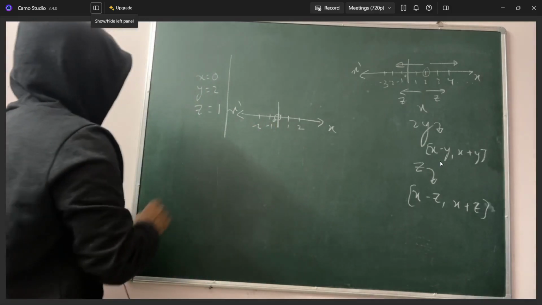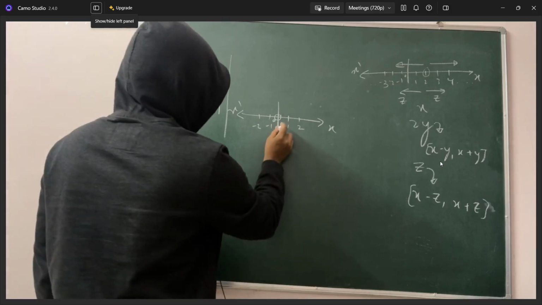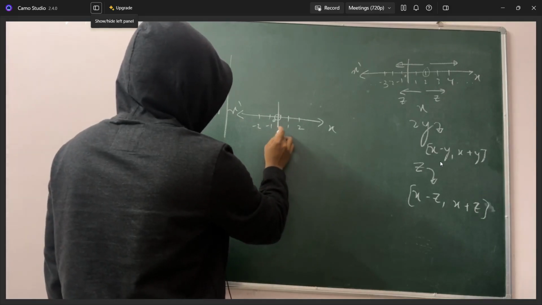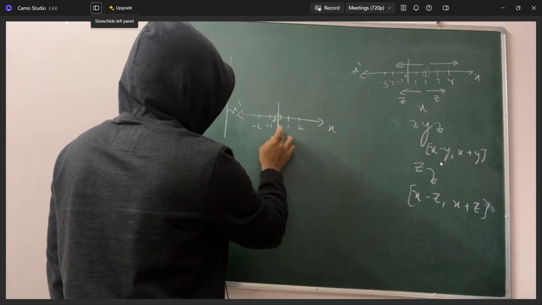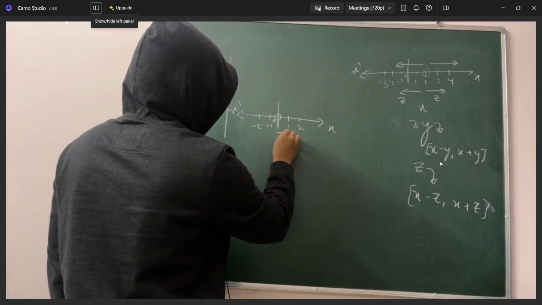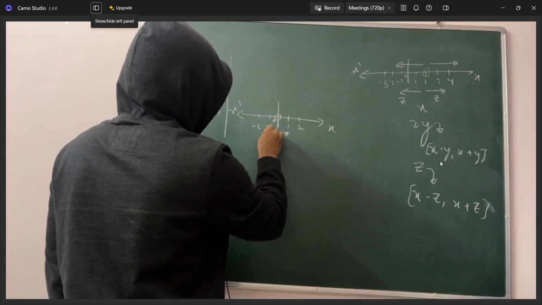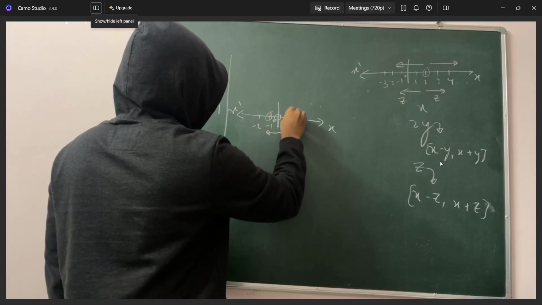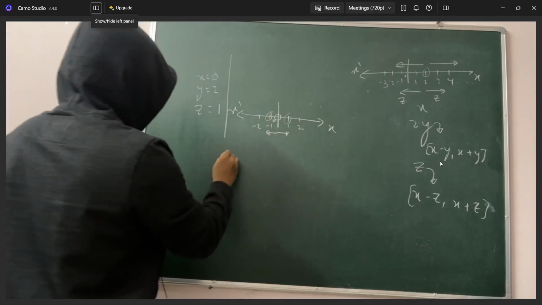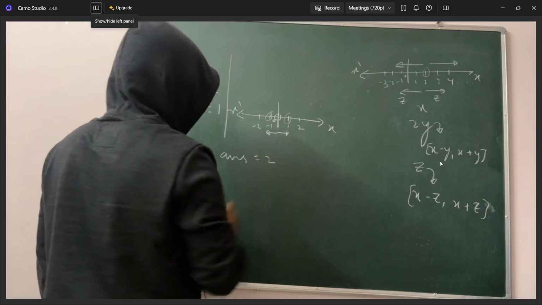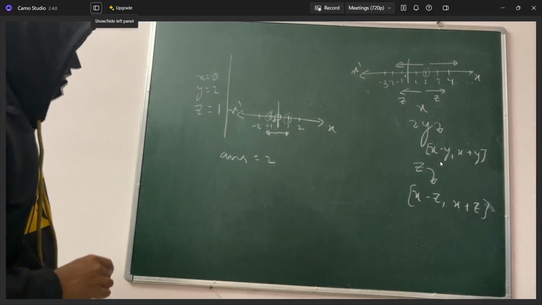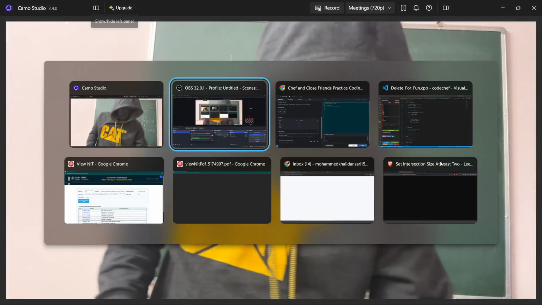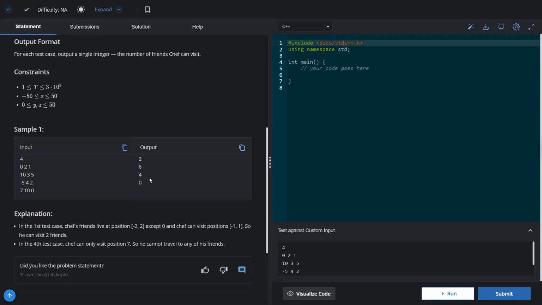Now Chef's mom allows him to move only one distance away from his home, to the right or to the left. So how many friends' homes will he be visiting? He'll be visiting the homes of the friends at 1 and minus 1. So here the answer is going to be 2, right? So the answer is 2.